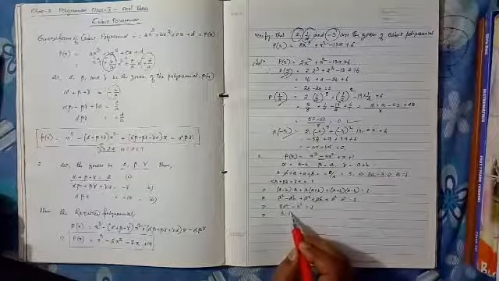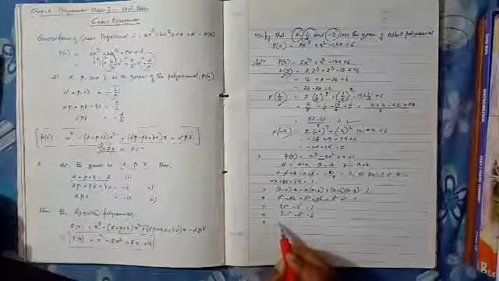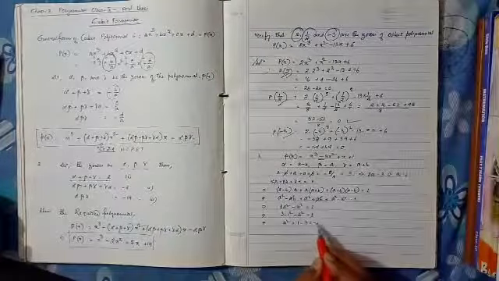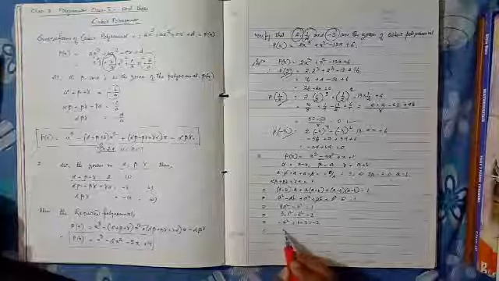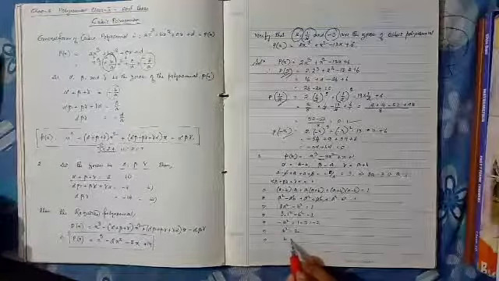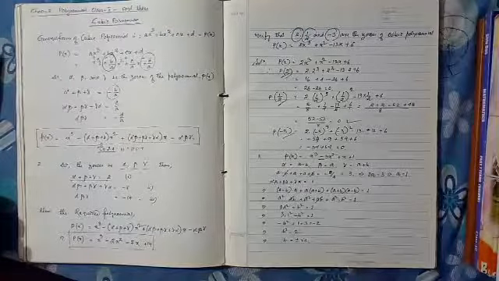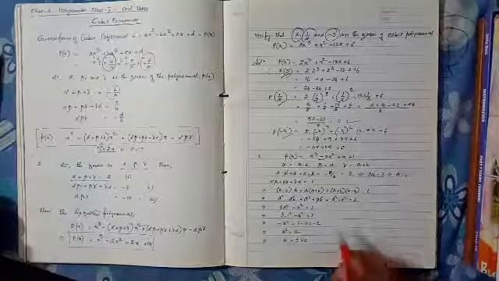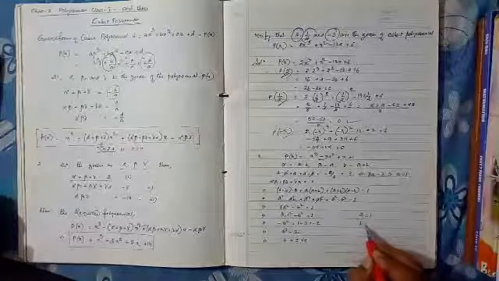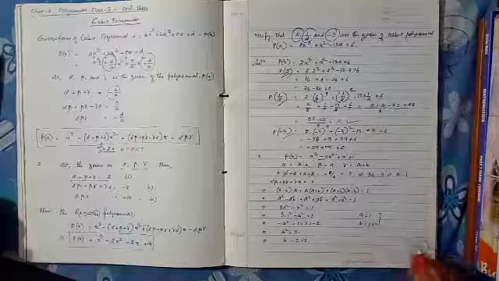So 3 into 1 square minus b square is equal to 1. This implies minus b square is equal to 1 minus 3 is equal to minus 2. This implies b square is equal to 2. This implies b is equal to plus minus root 2. Therefore, what we get? A is equal to 1 and b is equal to plus minus root 2. This is the answer.